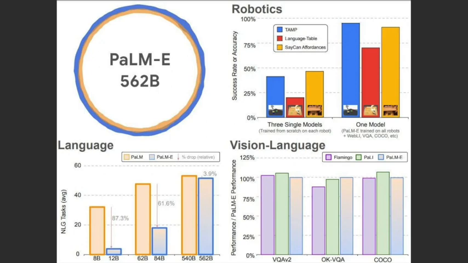The biggest implementation of this method, based on PaLM 540B, is known as PaLM-E 562B, and without task-specific fine-tuning and while maintaining roughly the same general language performance as PaLM 540B, it sets a new state of the art on the visual language OKVQA benchmark.